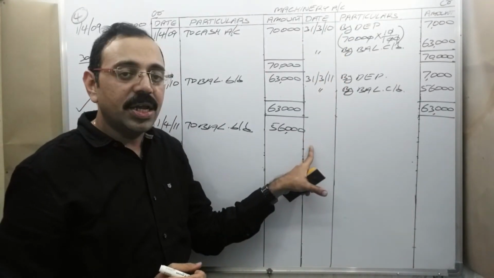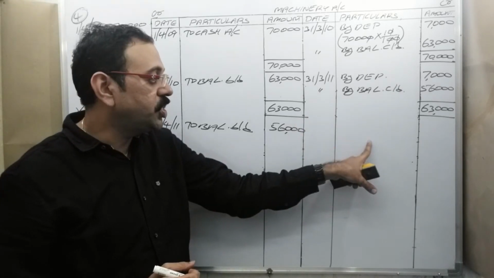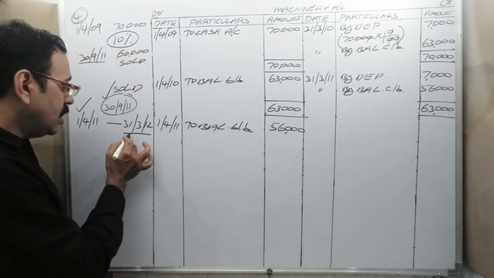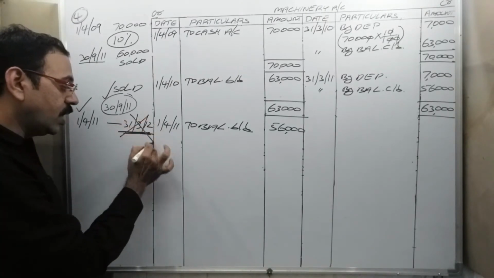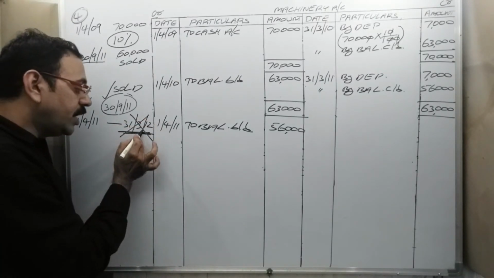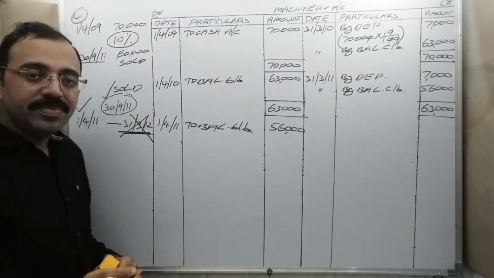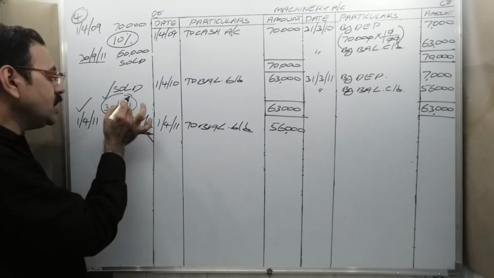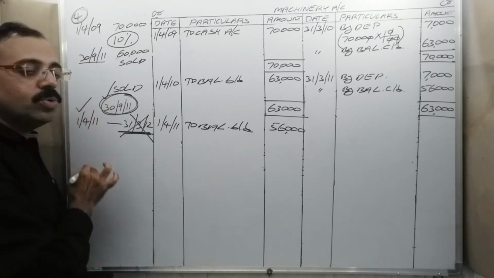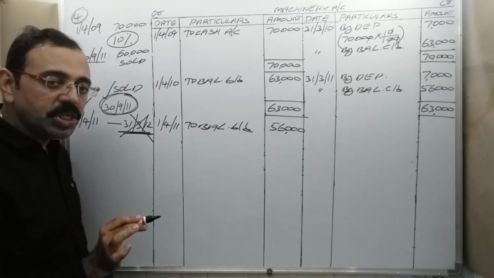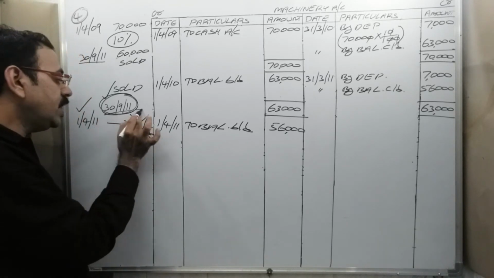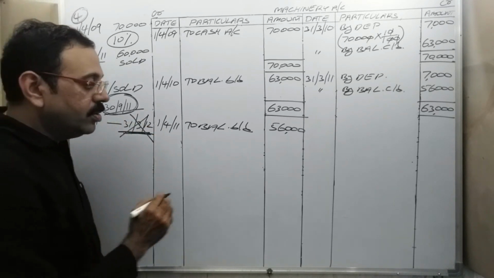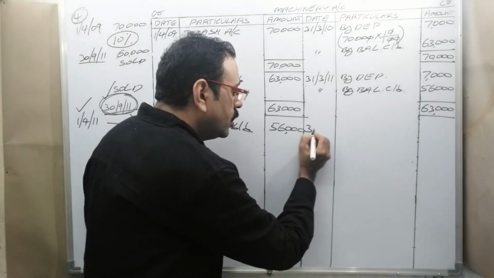But in the third year, we should not calculate the depreciation on 31st March 2012 because on that day there is no asset. So the asset is with us up to 30 September 2011, no. So depreciation also we should calculate on 30 September only. Be clear with this point.